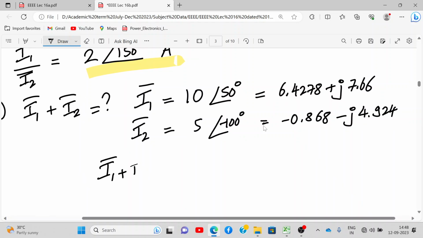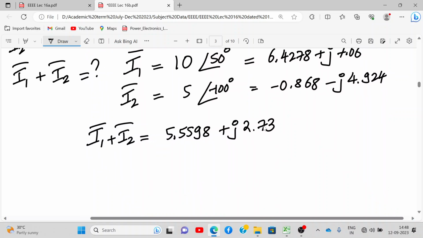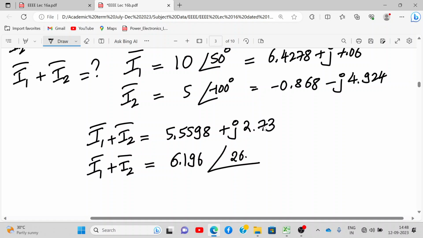So I1 plus I2, just add them together. What will you get? 5.5598 plus j 2.73. And if you want to convert into the polar form, you can convert it. If you wish to convert it, 6.196 angle 26.2 amperes. Got it? So this again is my answer.